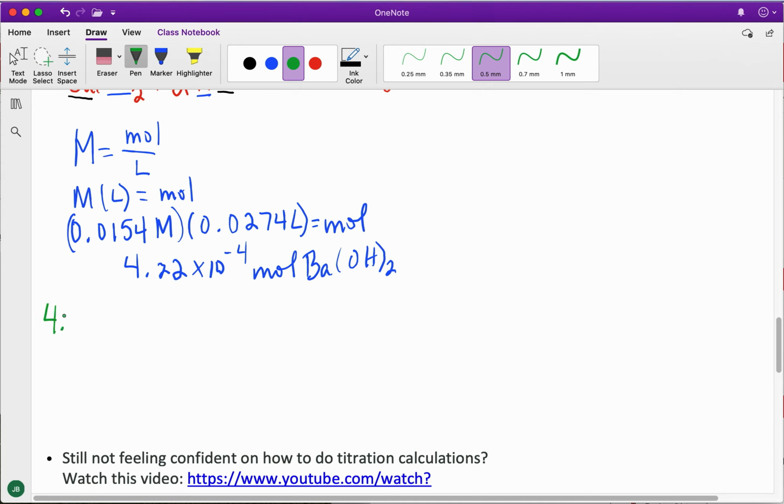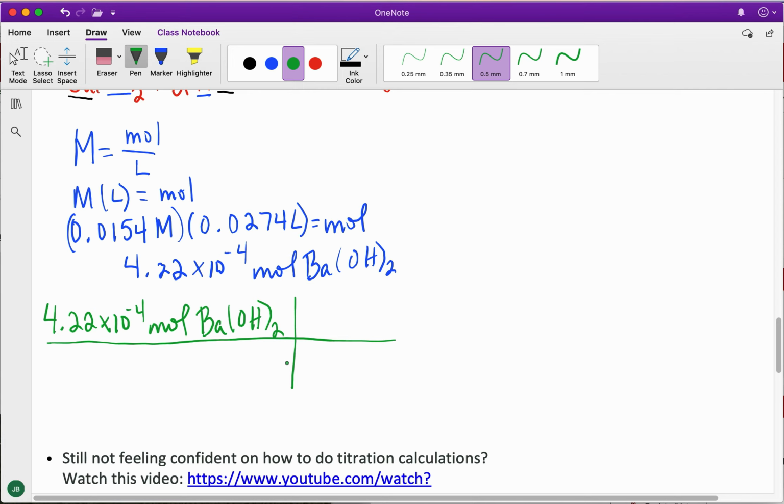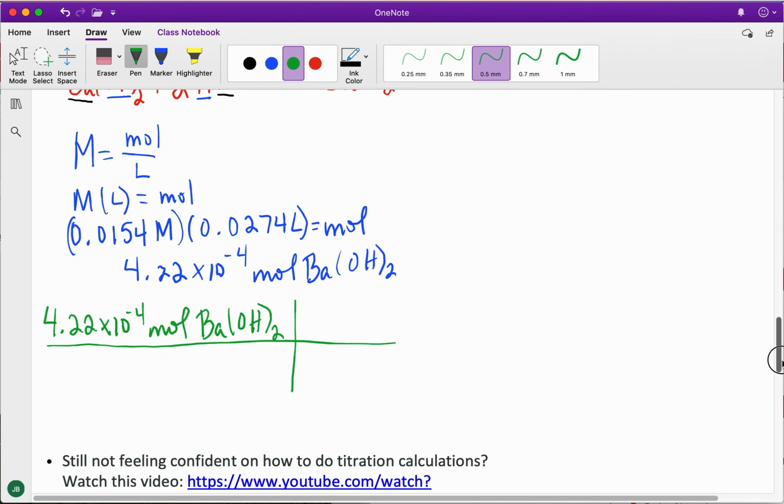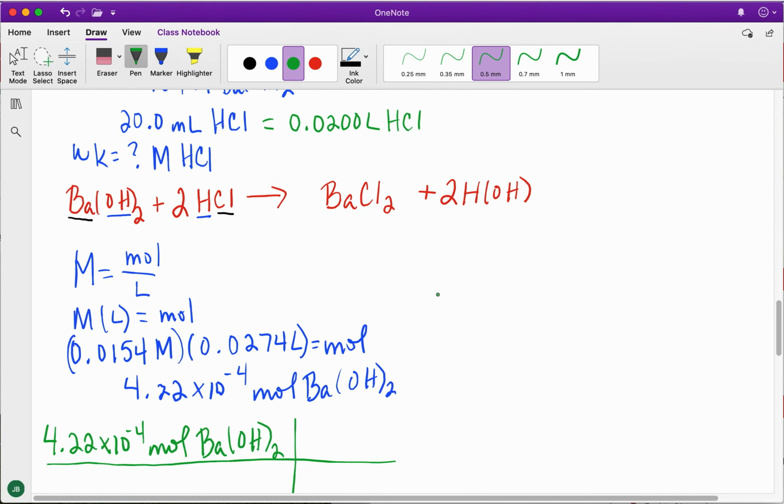All right, so let's do it. 4.22 times 10 to the negative fourth moles of barium hydroxide. And what's going to go next is our mole ratio, that we're going to get from our problem.